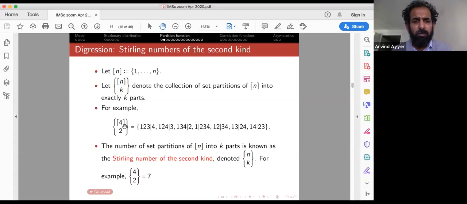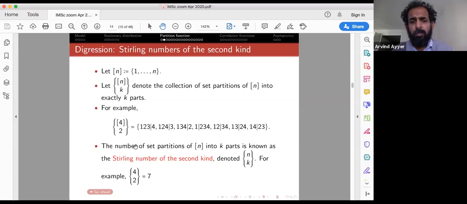Just to give you an example, the set partitions of 1 through 4 into 2 parts can be written in this way. I've used vertical bars to separate the sets instead of adding more braces, which just causes confusion. So here 1, 2, 3 is one subset, 4 is another singleton subset, and so on.